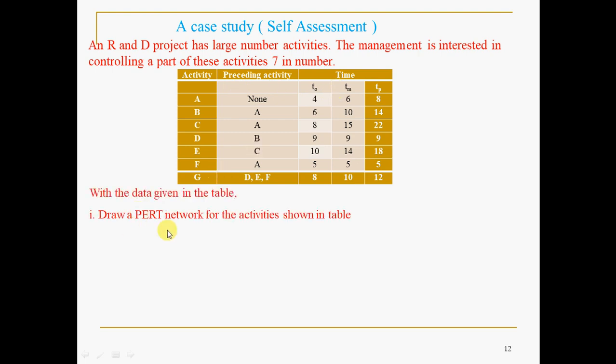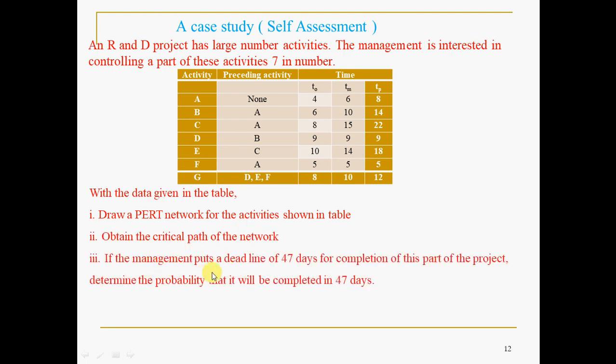With the given data, draw the PERT network for the activities shown in the table and obtain the critical path of the network. If the management puts a deadline of 47 days for completion of this part of the project, determine the probability that it will be completed in 47 days.